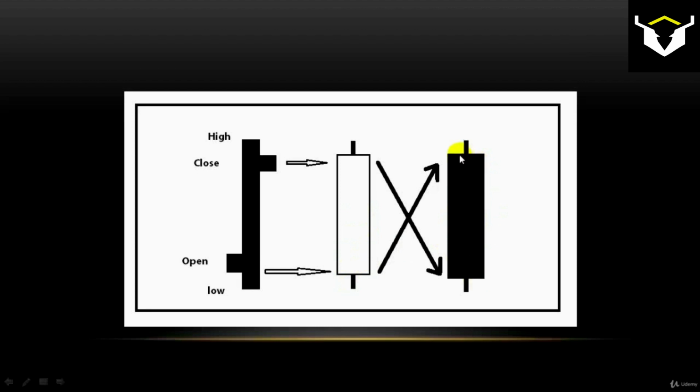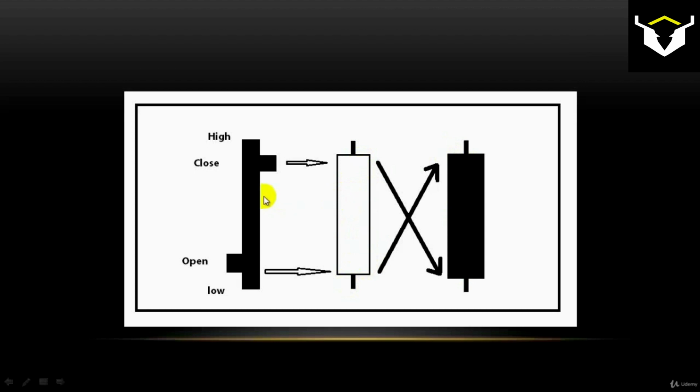So if you see a filled body or black body candlestick, it had a negative closing for the day. Close was below its own open price. Similarly here, close was above its open price. Hence it has an empty or white candlestick.